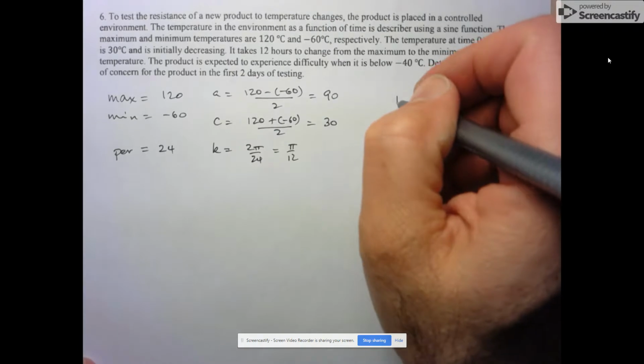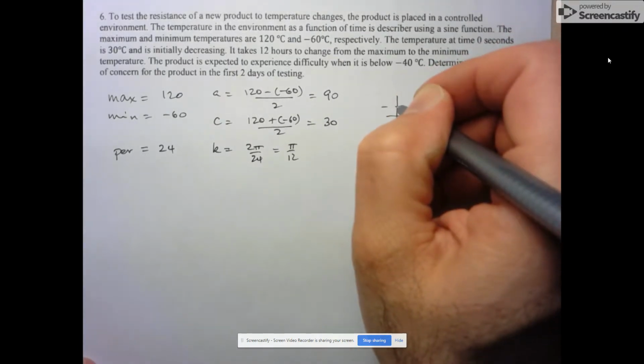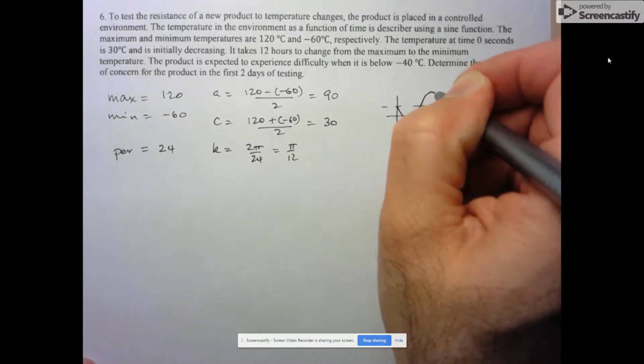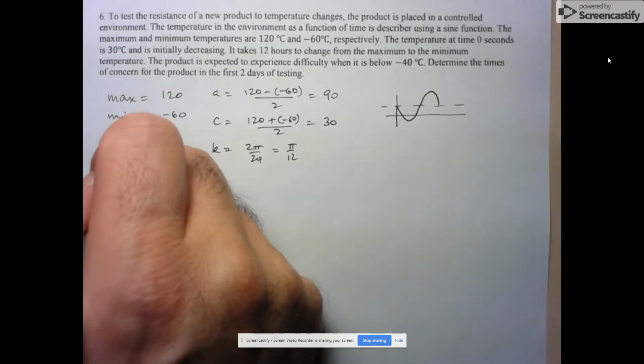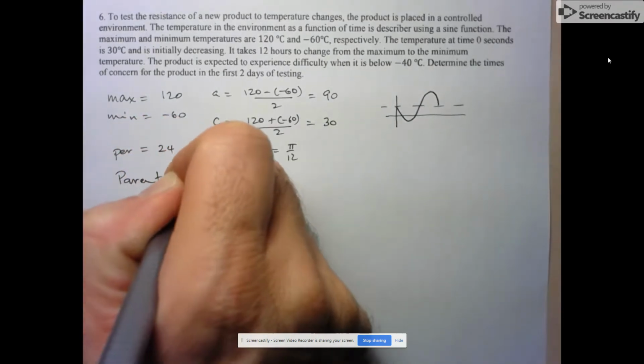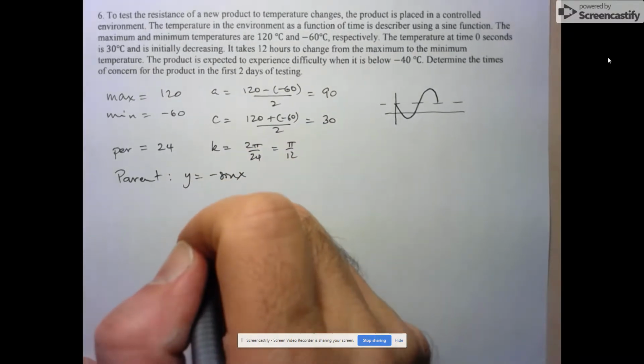Okay, so since we're starting at our axis and we're decreasing first, that means we're going to have to use negative sine. So our parent is going to be y equals negative sine x. And the good news is that we don't need a phase shift.